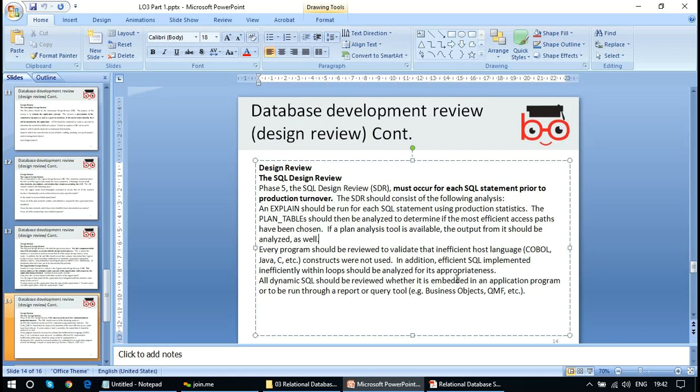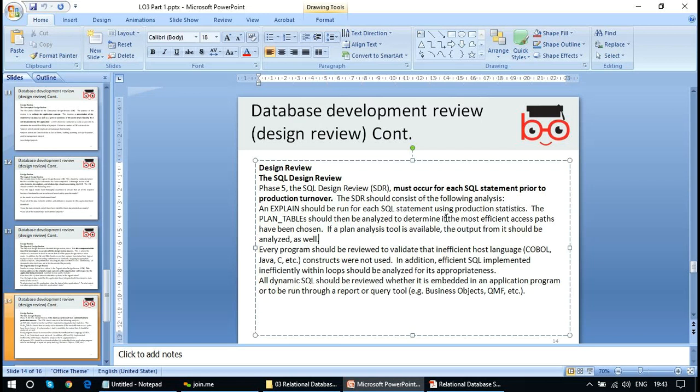If the complex queries are not executed so quickly, it means your SQL design review is giving you a kind of trigger that you need to have an efficient SQL and structure.